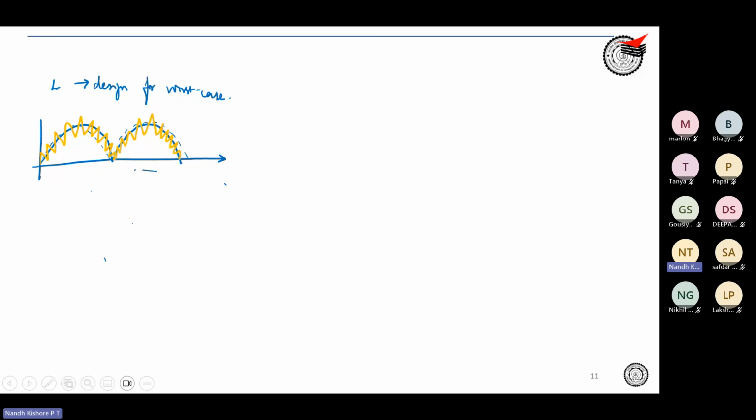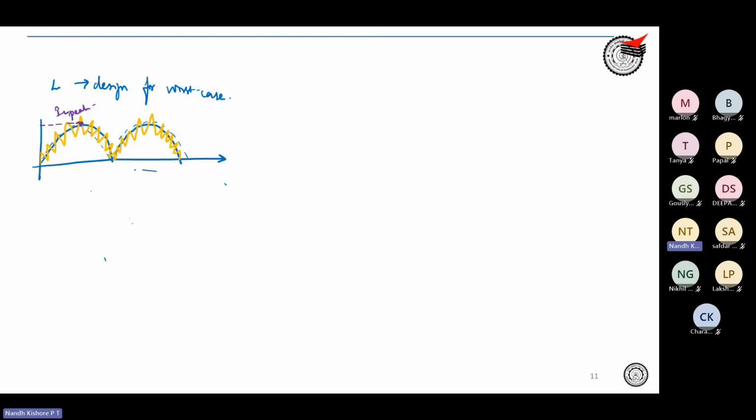Correct? So this would be your ripple component. So obviously you will design for the worst case. And worst case refers to this particular operating point where your inductor current is at its peak. Okay, this is your I peak. So you design your inductor for this particular operating point, where your inductor current achieves its peak value.